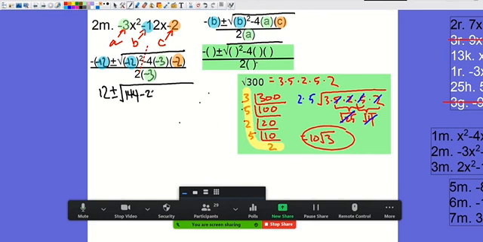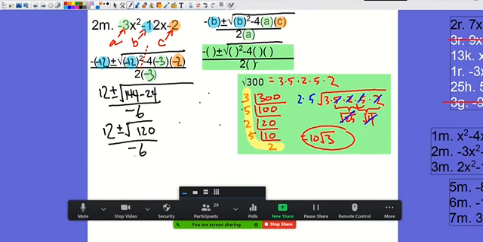Negative 4 times negative 3 times negative 2 is negative 24, over negative 6. Now we're going to do 12 plus or minus square root of 120, over negative 6. That is what we got.